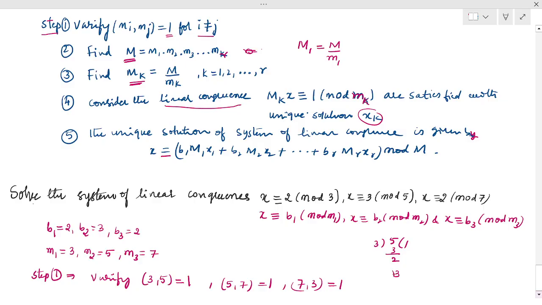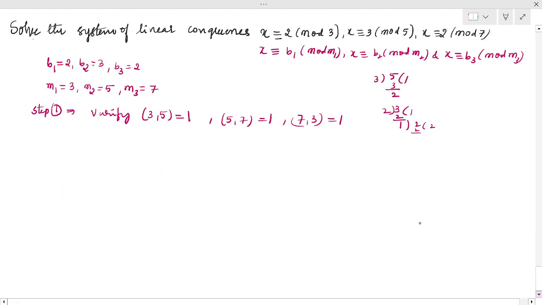Again divide 3 by 2: 2 ones are 2, the remainder is 1. Next, 1 twos are 2, the remainder is 0. So the last non-zero remainder is 1, and you get GCD 1. Similarly, you can verify the other two also.